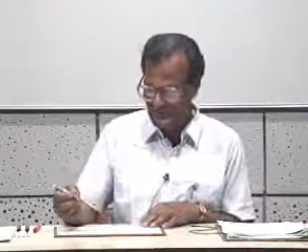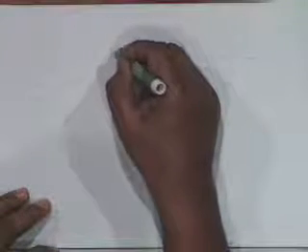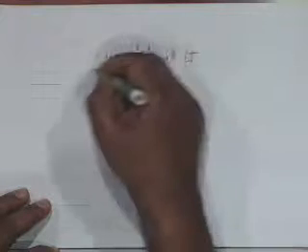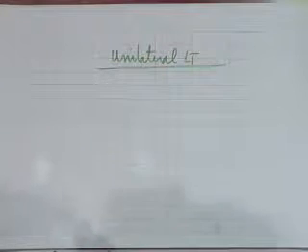Finally, we come to a short discussion on the unilateral Laplace transform and its applications. We have so far discussed only bilateral. Only in the context of the initial value theorem and the final value theorem did we discuss signals which were strictly causal, that is x of t which was 0 for t less than 0.